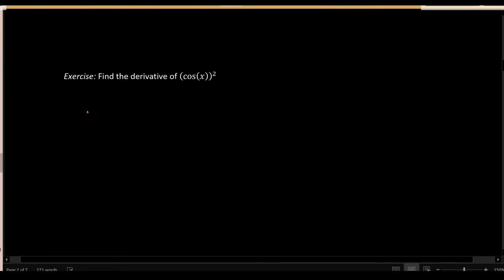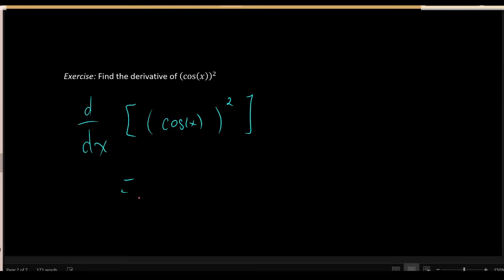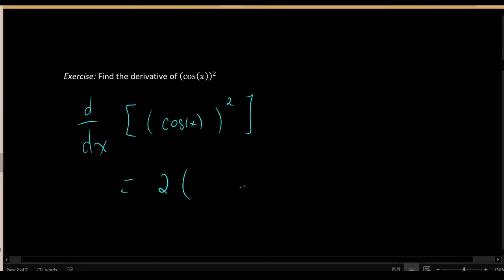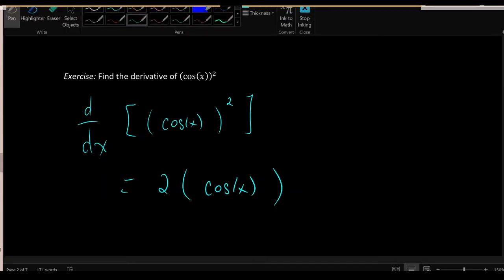In this case, we can still use chain rule, but this time we're taking the derivative of outer function is the power function, square. Inner function is cosine. Now the derivative of the outer function is 2 times blank. And if we put the inner function inside, it will become 2 times cos.